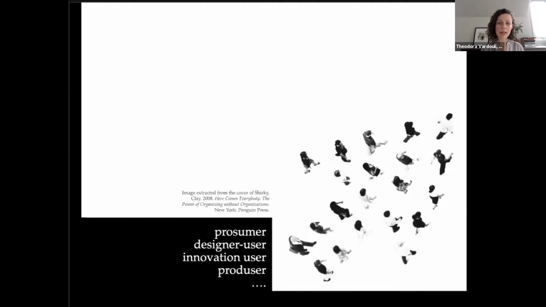These neologisms allude to a technologically mediated transfiguration of the user from a passive consumer of technologies, products, information, and environments to an empowered individual with active participation in their shaping.